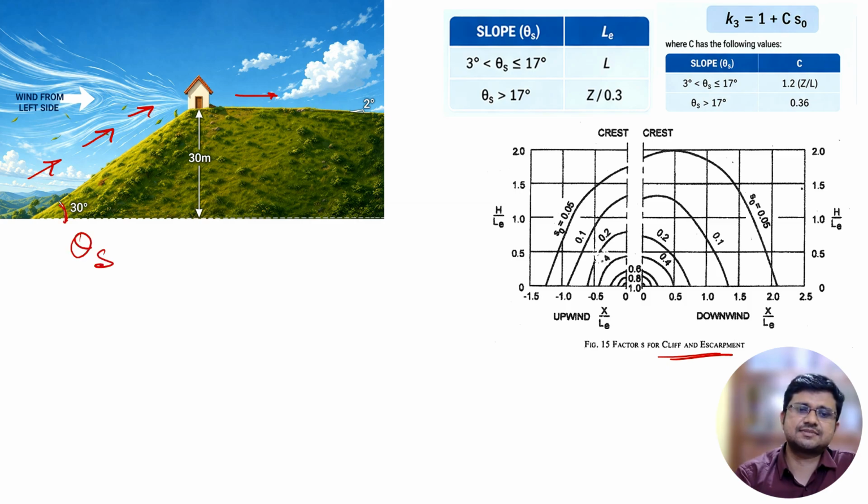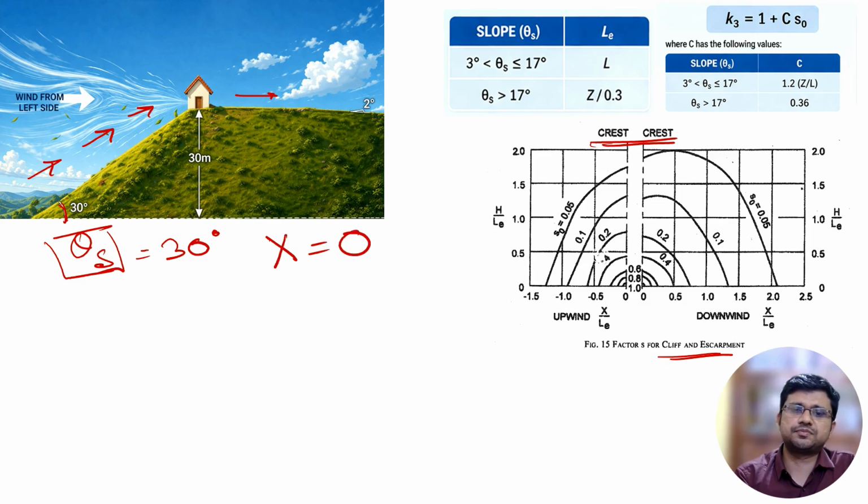This is theta s, so theta s equals 30 degree. The problem is very much the same as the previous problems. Our building is located at the crest point, so here x will be equal to 0.